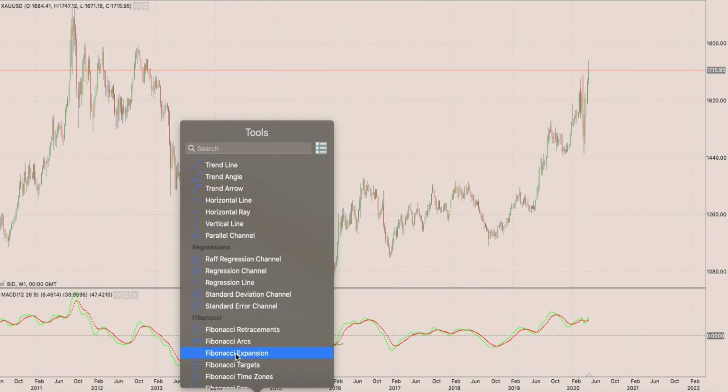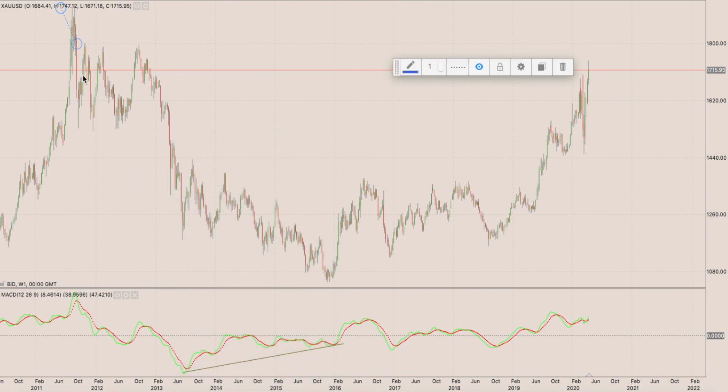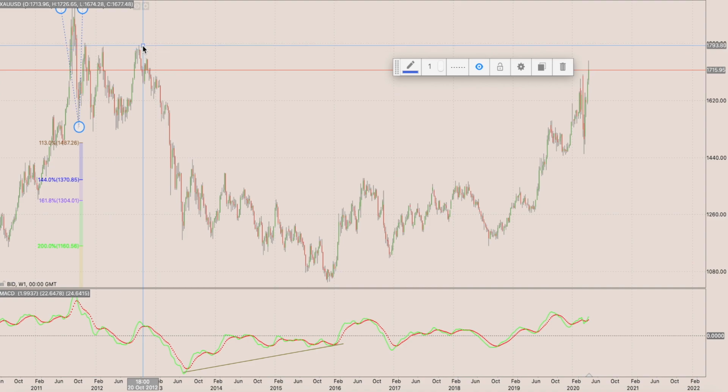We grab our expansion tool, we draw the expansion tool on the previous impulse, and as we can see, the new impulse starting here and ending, let's say there, went about 200% point. So it covered almost as much as the previous impulse. So we know that there's going to be some continuation afterwards.